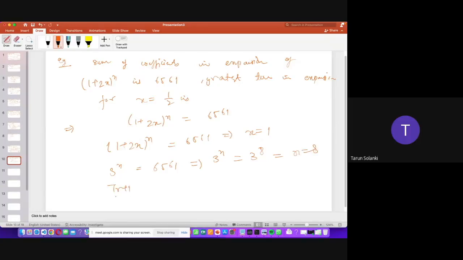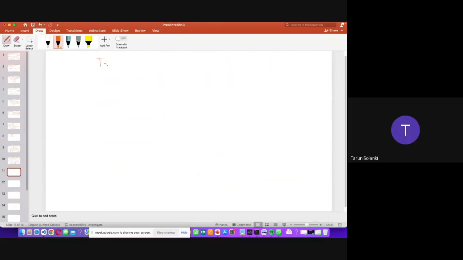So T(r+1) over T(r) becomes 8Cr (2x)^r over 8C(r−1) (2x)^(r−1). So that becomes (n − r + 1)/r into 2x. Correct? So that can be written as T(r+1)/T(r), which is (9 − r)/r.